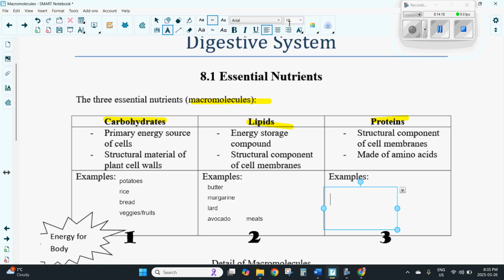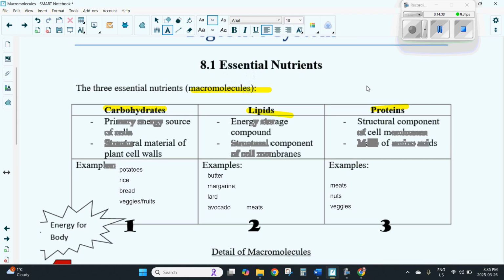Proteins, again, biggest one, meats. Where else can you get proteins? Nuts. You can get them in some veggies. You can list more if you so wish. We're going to move on at this point.